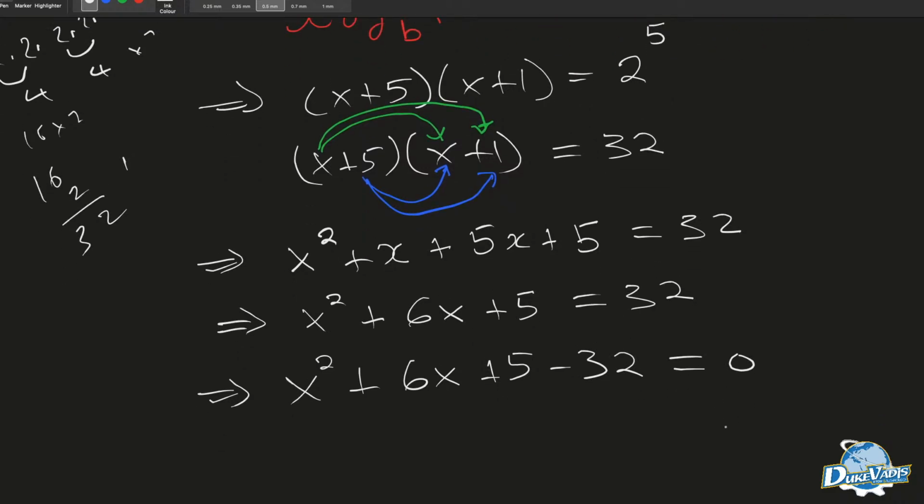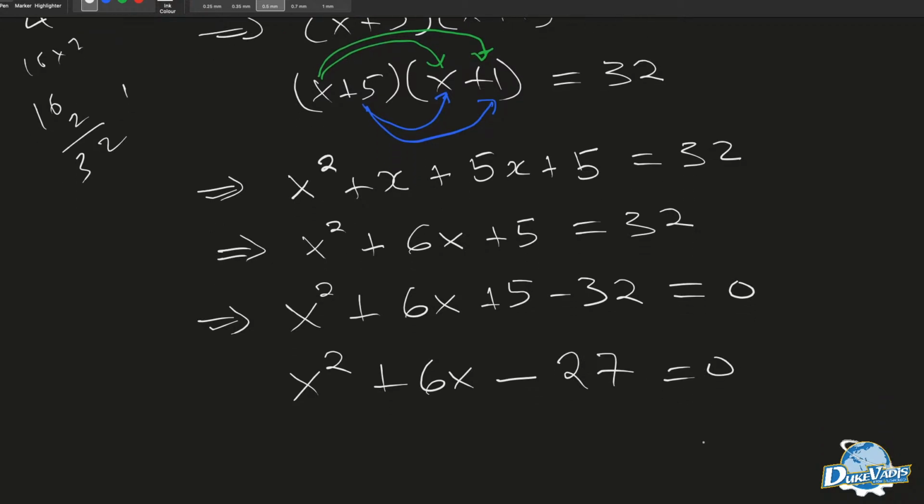Friends, it's becoming simple, isn't it? So now, when we look at it, we are going to get x squared plus 6x minus 27 is equal to 0. So you see that the complexion of our equation has changed.